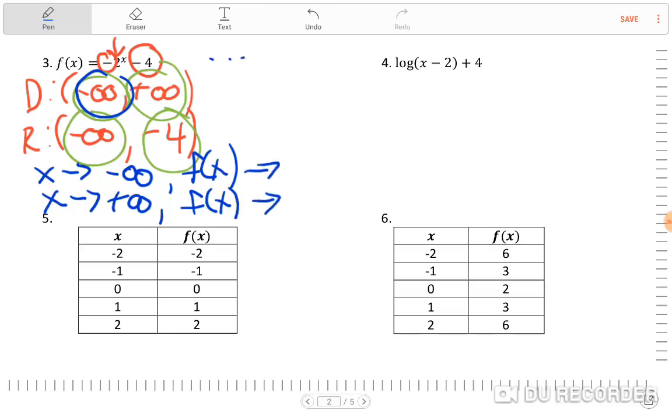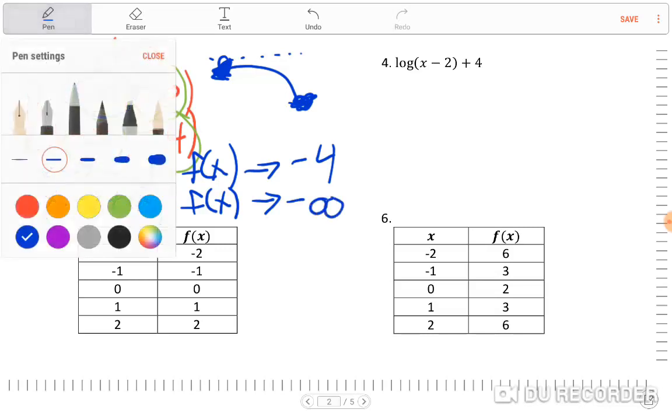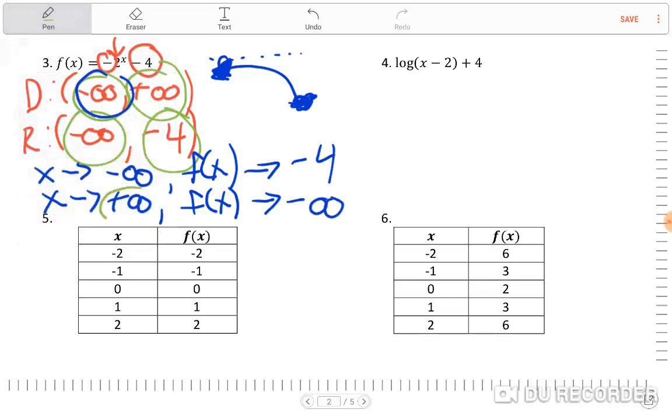Well, this is where it helps to have the sketch. If you know that it flipped over the asymptote, the x that's going to negative infinity is what's going up to the asymptote. So that's going to get the negative 4. And the x that's going to positive infinity is what's going to get the y going to negative infinity. Notice how those four values that were in the domain and range also showed up in the end behavior.